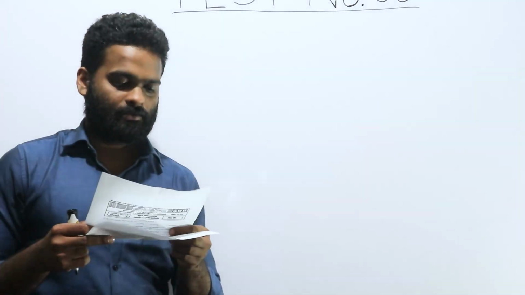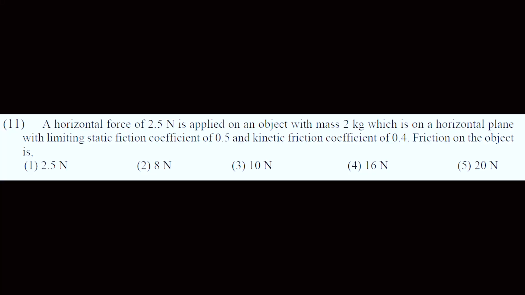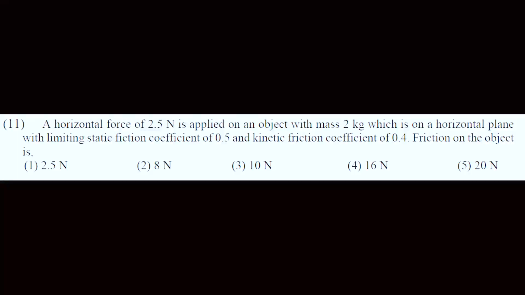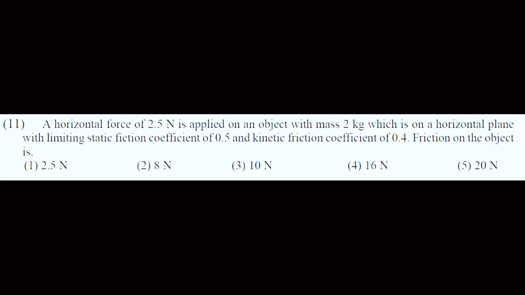Okay, our next question, the 11th question. A horizontal force of 2.5 Newton is applied on an object with mass 2 kilogram. The object is on the ground. The horizontal force applied is 2.5 Newton.